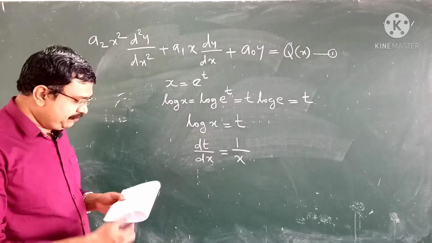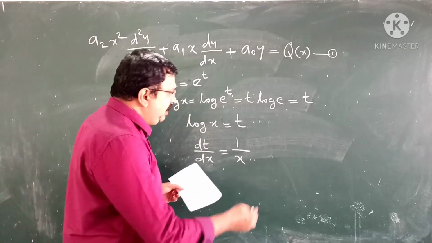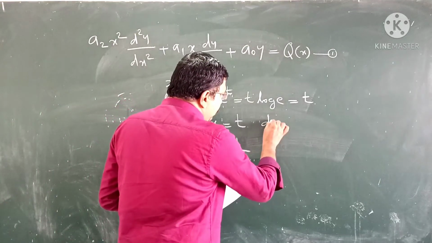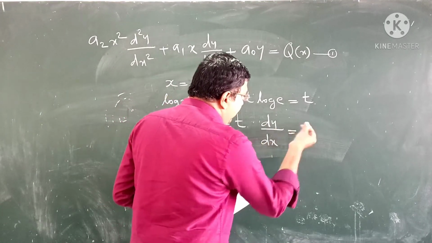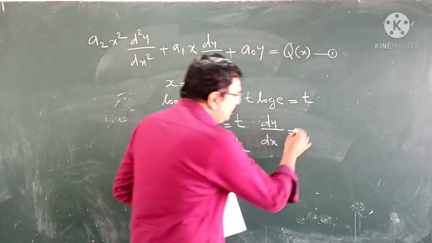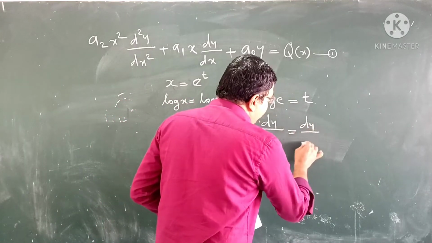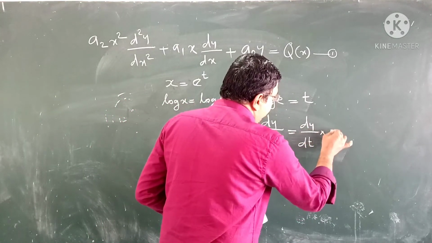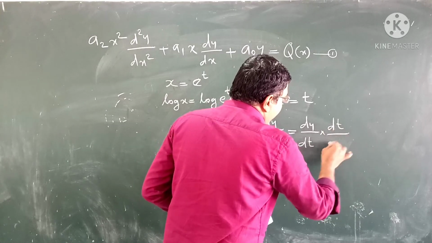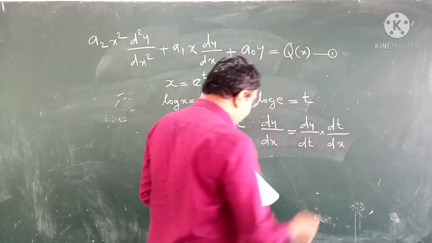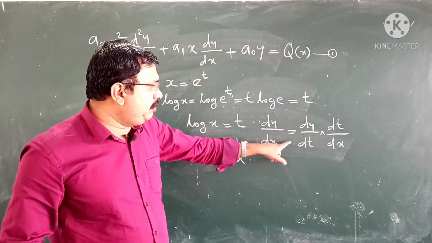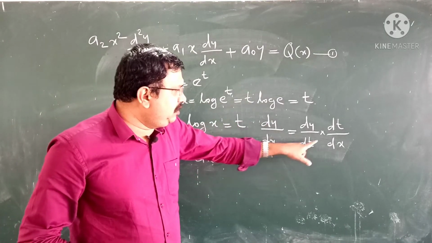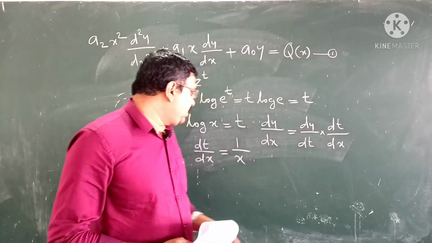Okay, got the idea? Then we can find dy/dx. dy/dx is equal to dy/dt into dt/dx. Remember that dy/dx can be obtained by dy/dt into dt/dx.